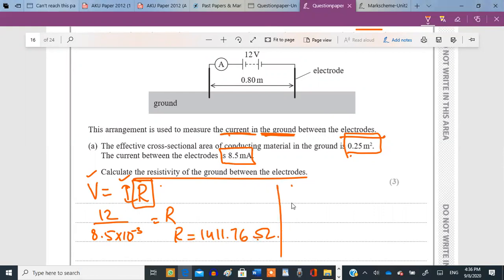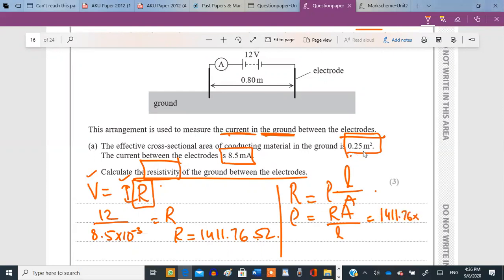You also know the other formula for resistance. Resistance is equal to rho L over A, where rho represents the resistivity, right? They want us to calculate the resistivity, so you just make rho the subject. So rho equals RA upon L. The value for R is 1411.76.